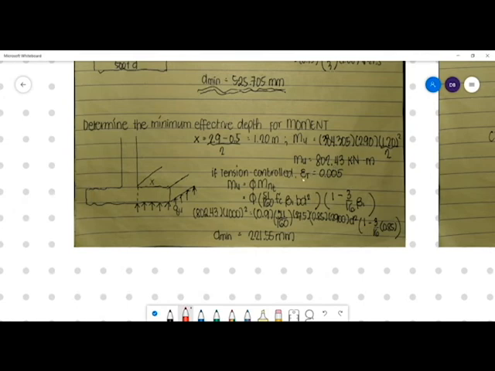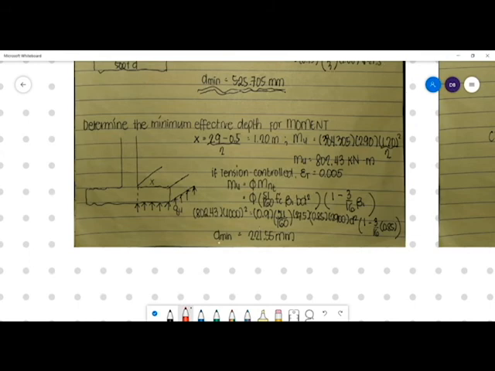So our ideal design should be tension controlled. Therefore, your tensile strain should be equal to 0.005. Now we use the formula that we derived earlier: 51 over 160 f'c beta 1 b d squared times 1 minus 3 over 16 beta 1. Our phi is equal to 0.9 because it's tension controlled. Our beta 1 is 0.85, because our f'c is less than 28.